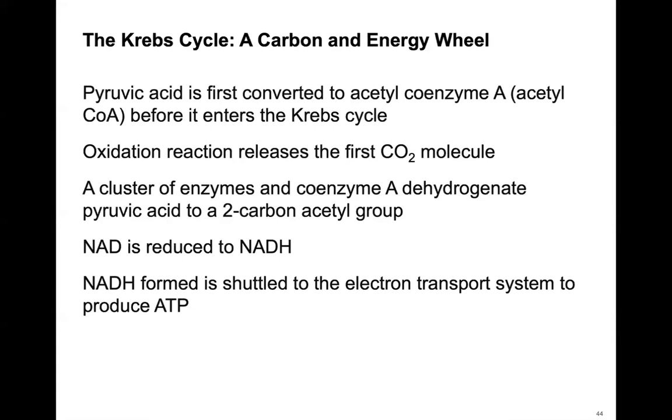When you go through this decarboxylation reaction, you are releasing electrons. NAD will be your electron carrier that picks up those electrons, and you will reduce it to NADH. NADH is formed. It will then be shuttled to the electron transport chain, where it can produce approximately 3 ATPs on that chain.